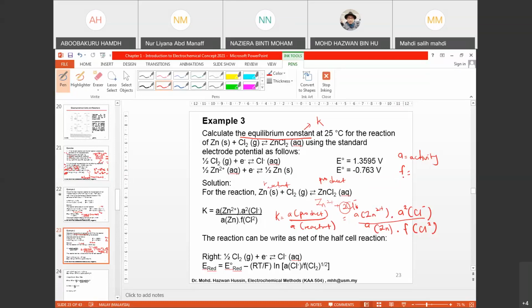I think it's for the gas chlorine. Okay, you almost got it right. F actually means fugacity. It is not activity. Fugacity is always related to gas. So that is why over here, with chlorine gas, we cannot use activity, because gas doesn't have any concentration.